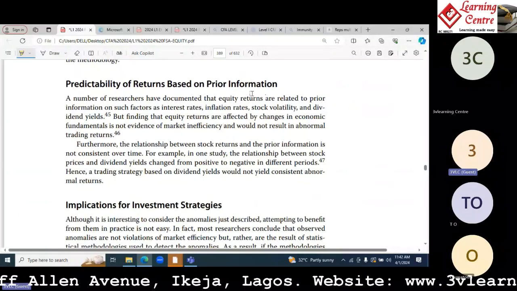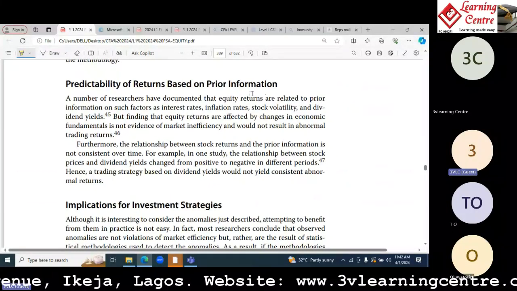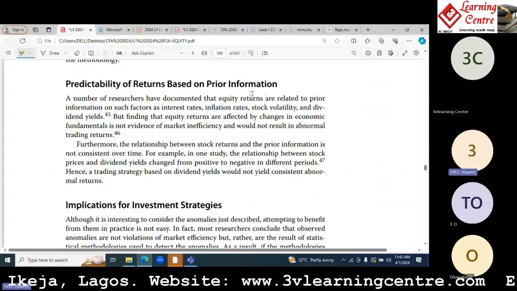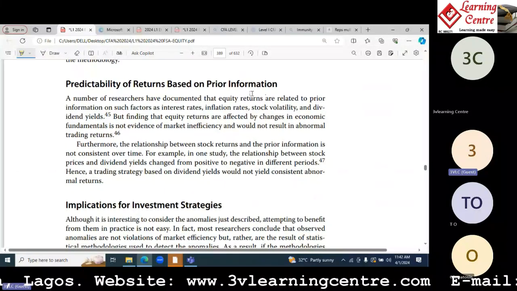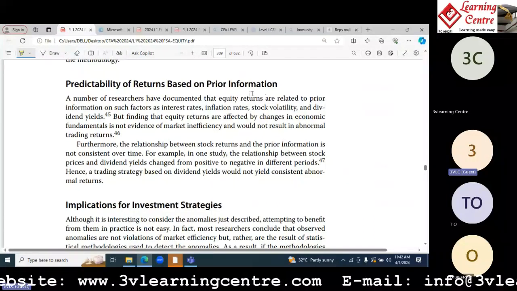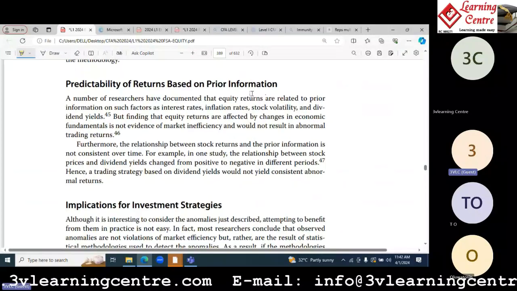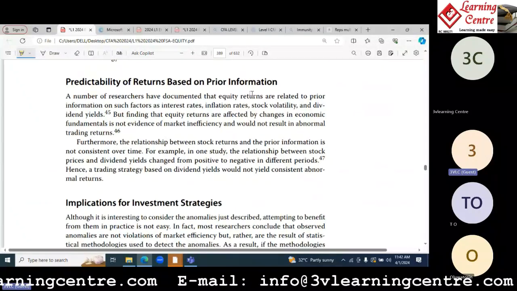Furthermore, the relationship between stock returns and the prior information is not consistent over time. For example, in one study, the relationship between stock prices and dividend yield changed from positive to negative in different periods. And a trading strategy based on dividend yield would not yield consistent abnormal returns.